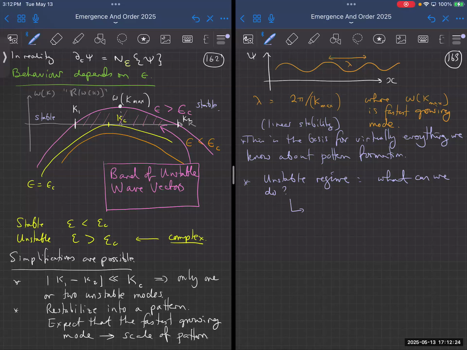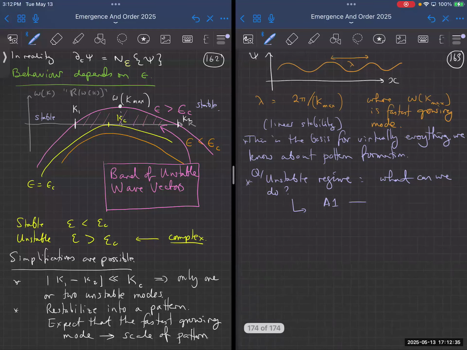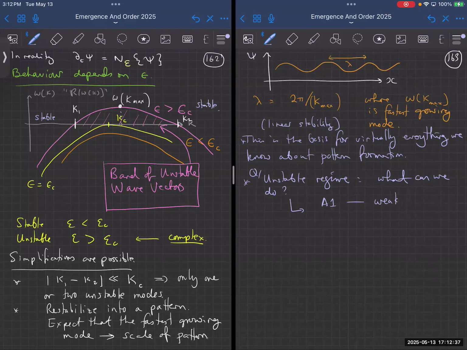And the answer is two things. Answer number one is we can do weakly nonlinear analysis. So we can actually take into account the nonlinearities. I'm going to show you a dirty trick to do that by renormalization group.